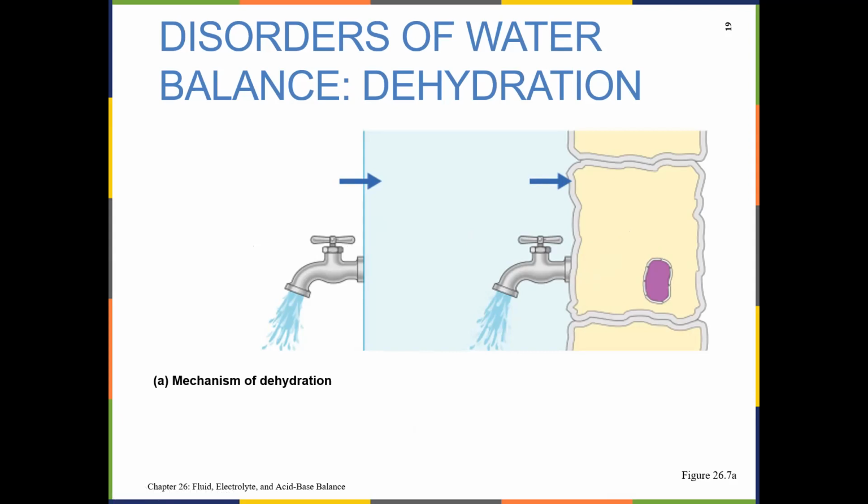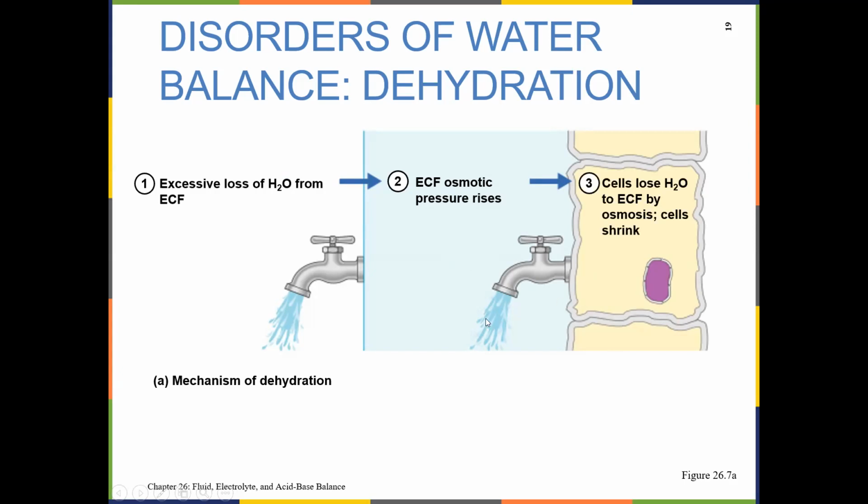Your interstitial fluid will be saltier than the inside of the cells, and water will go from the cell to the interstitial fluid, and the cell's going to shrink. That's dehydration. So with excessive water loss from the extracellular fluid, the osmotic pressure rises because there's now more salt out here than there was before, simply because there's less water, and the cell then sends water out, and the cells shrink. The cells don't like to shrink.